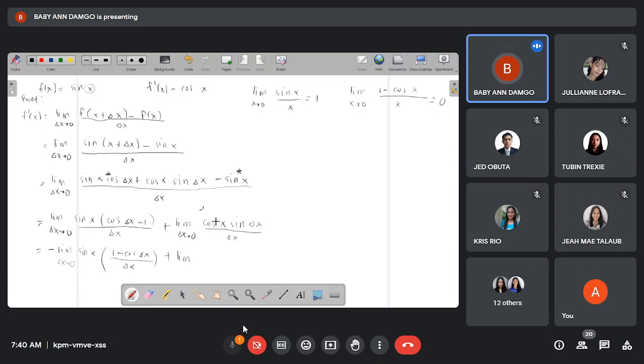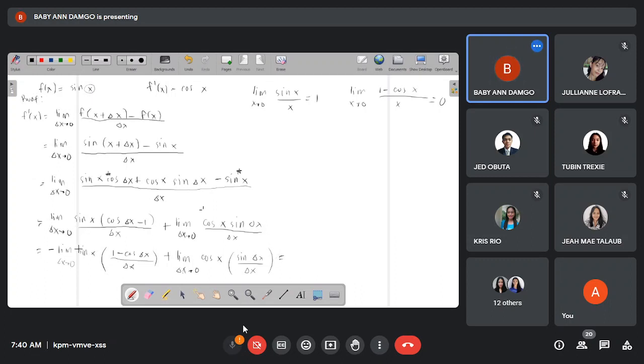So, ato rang i-factor out ang cosine x. So, cosine x times sine the change of x over the change of x as the change of x approaches 0. Okay. So, ato na ning i-evaluate ang limit.